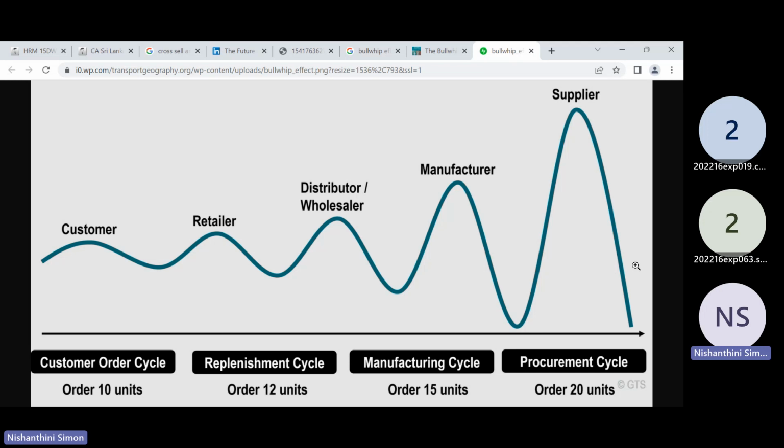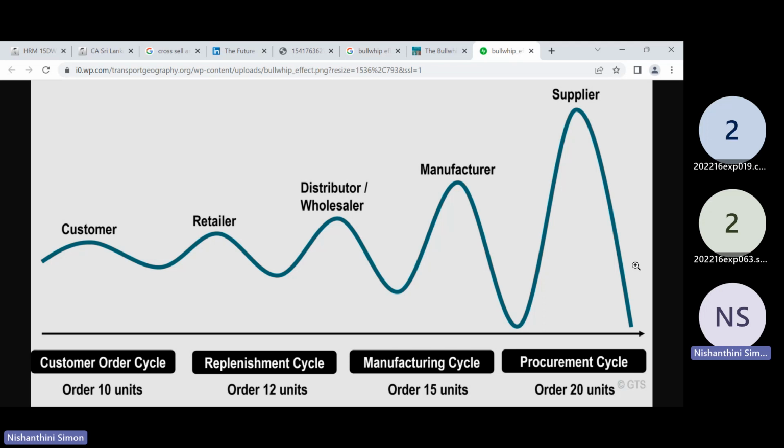But actually, how much did the customer order? 10. At the end, double the amount has been produced by the manufacturer. So supply and demand have a huge difference, two times. This could happen in the supply chain.